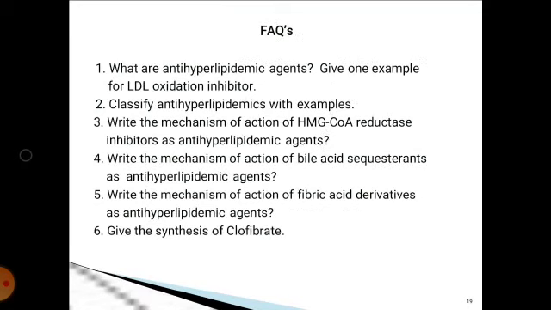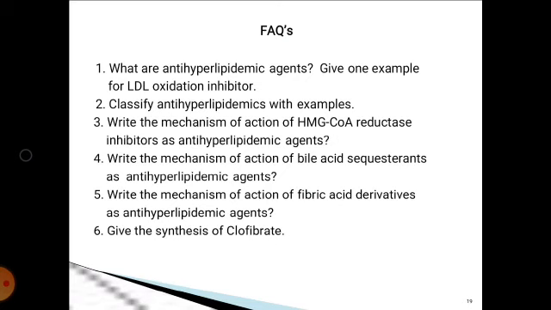After the end of the discussion on the anti-hyperlipidemic agents, there are some frequently asked questions which we need to know. Some of them are listed here. First one, what are anti-hyperlipidemic agents? Give one example for LDL oxidation inhibitor. Second one, classify anti-hyperlipidemics with examples.